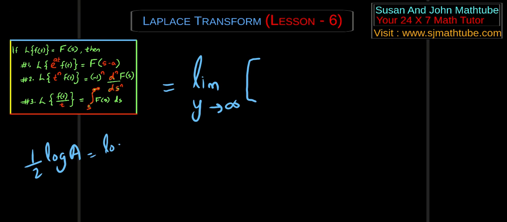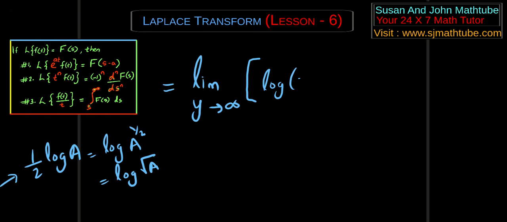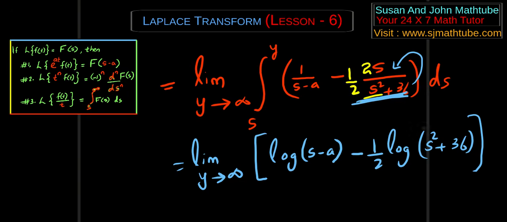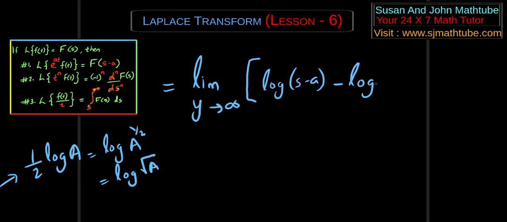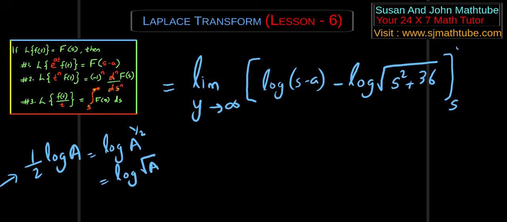This will be log a to the power 1 by 2, and that will be log of root a. So you remember this property, because b log a is log a power b. So the first function remains as such, log (s minus a), minus this half becomes log root under (s square plus 36). Of course, we have to write within the limits s to y. We should have done that in the last step itself.